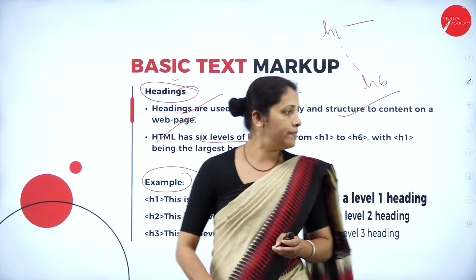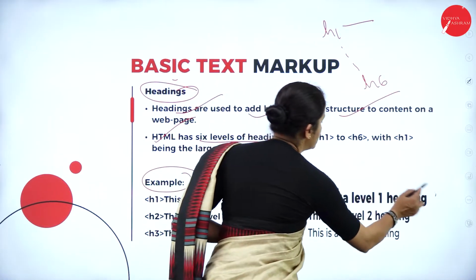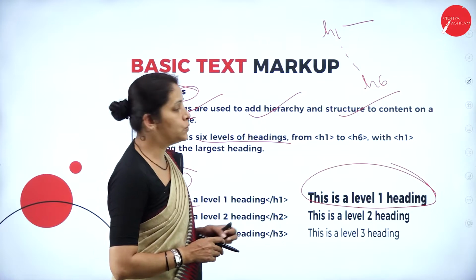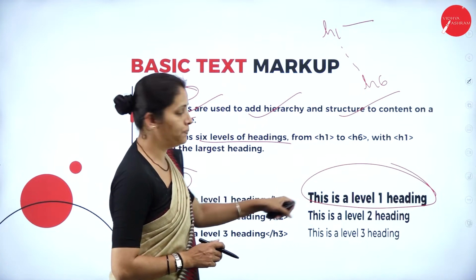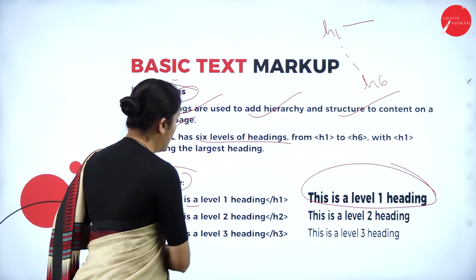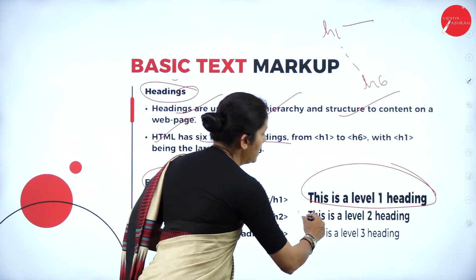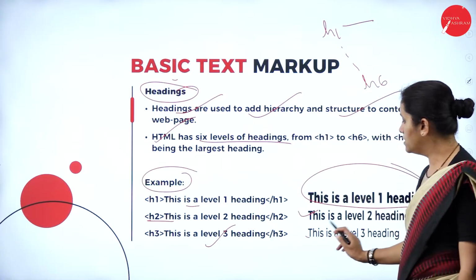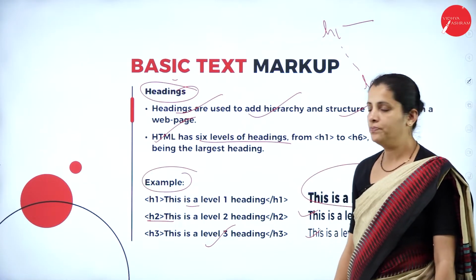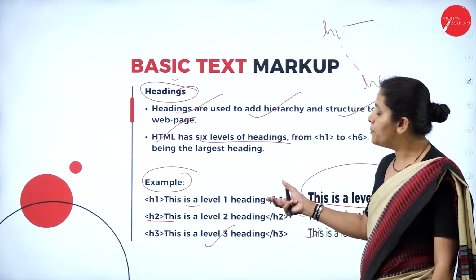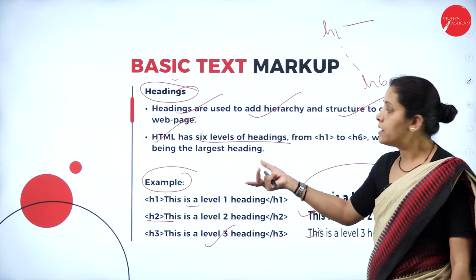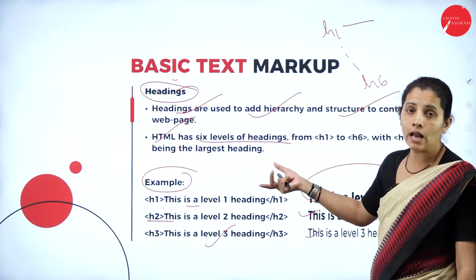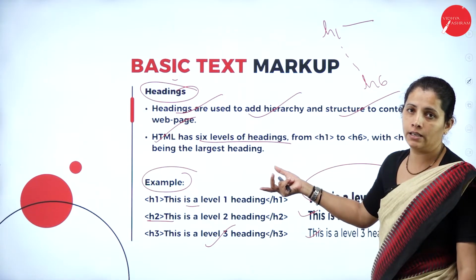If I consider the output, say this is my output. The size of the output is going to increase. Now, if I go with the H2, so this is my output. And H3, so this one is my output. So, heading tags are mainly used to align and display the content.